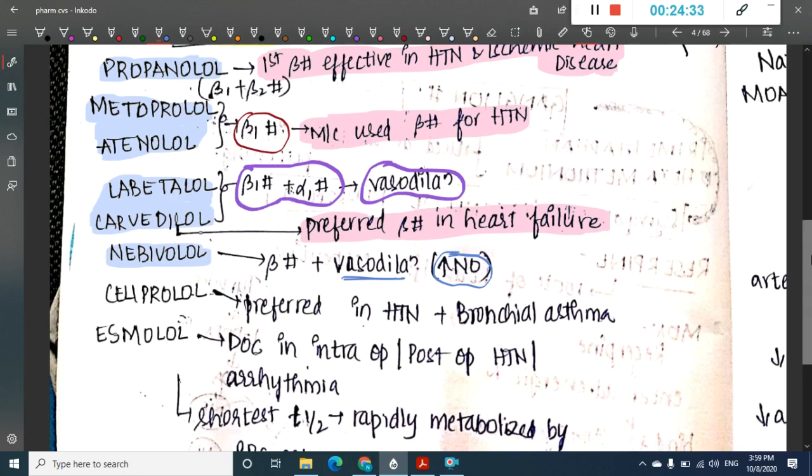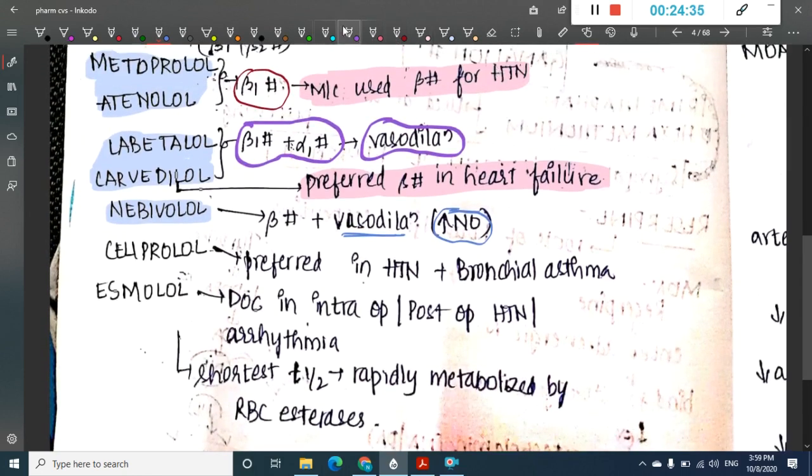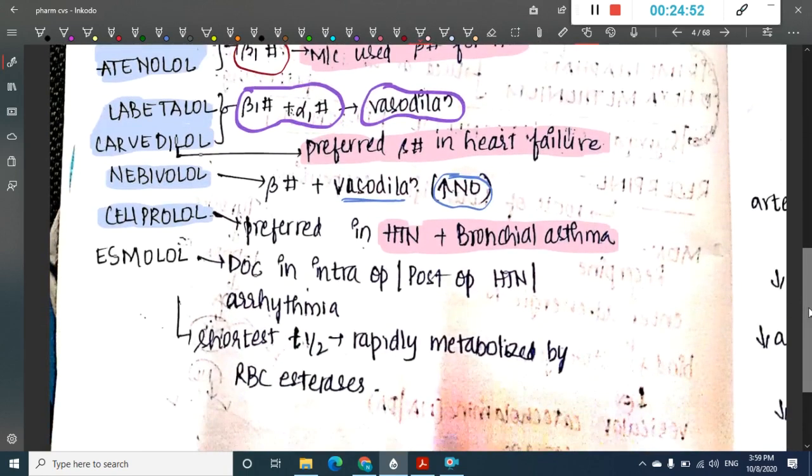Then the next beta blocker we can use is celiprolol. This celiprolol is the preferred beta blocker in hypertension plus bronchial asthma. If you have to use something for hypertension and bronchial asthma, you can use celiprolol. Okay, then the next drug is esmolol.